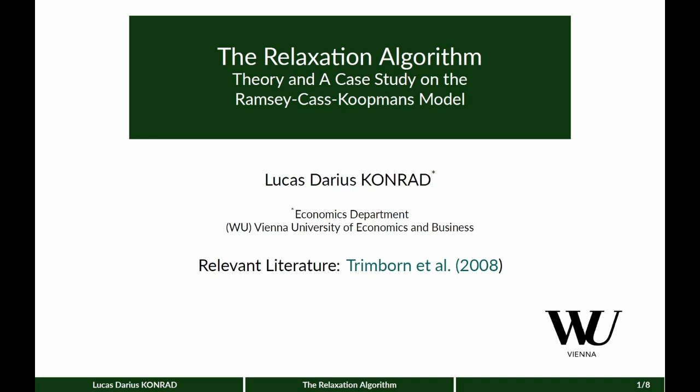I would like to refer here to the main resource. It's Trimborn, Koch and Steger with their paper Multidimensional Transitional Dynamics, a Simple Numerical Procedure. So what I'm doing here in the theory part is basically just reframe their appendix.